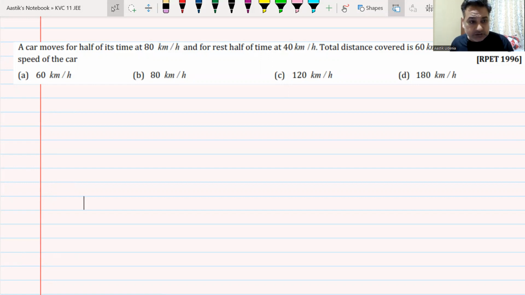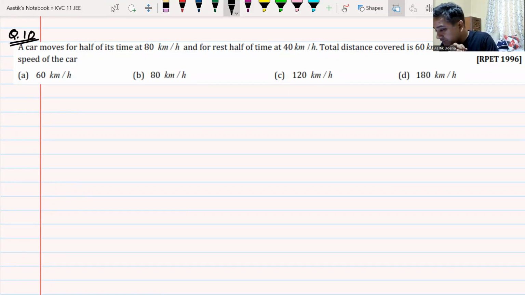The question number is 10. A car moves for half of its time at 80 km per hour and the rest half of time at 40 km per hour. Total distance is 60 kilometers. What is the average speed?